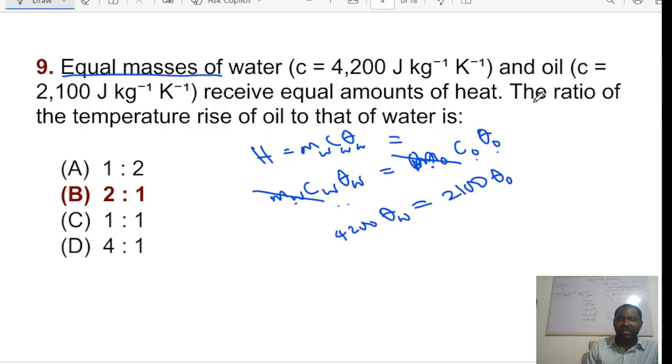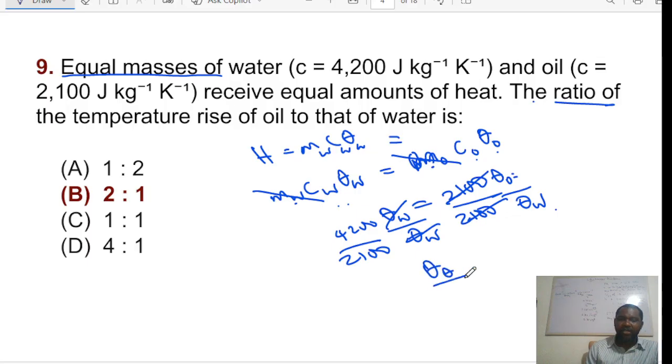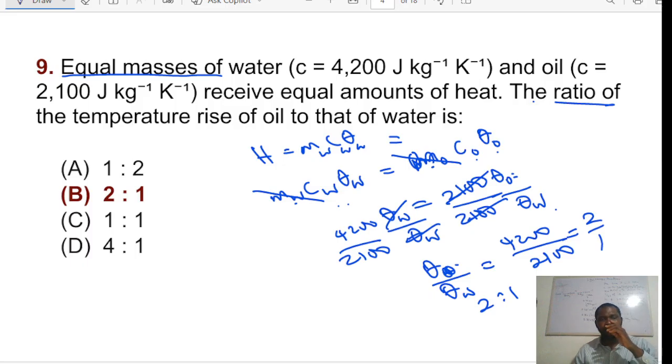We are looking for the ratio of the temperature rise of oil to that of water. So let me divide both sides by the water one so that we get the ratio of oil to water, and divide both sides by 2,100 also. This cancels this, this cancels this. So the ratio of the temperature change of oil to that of water is 4,200 over 2,100. If you divide, that's 2 over 1, which simply means 2 ratio 1.